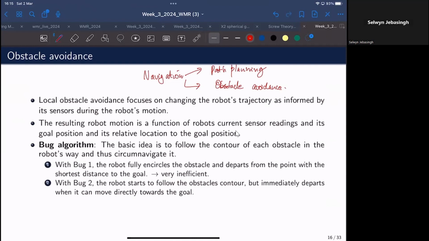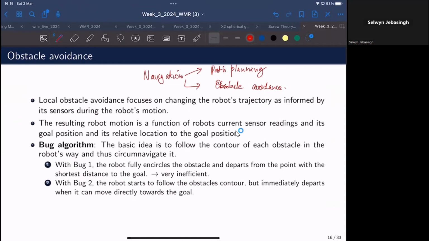Since it is sensing some foreign obstacle, it will have to correct its trajectory so that it won't collide with this obstacle. It's a constant process. It's not like once you have decided on the trajectory, you only need to follow it.